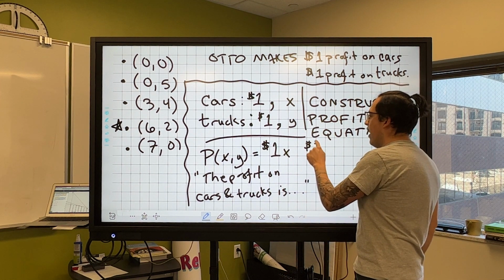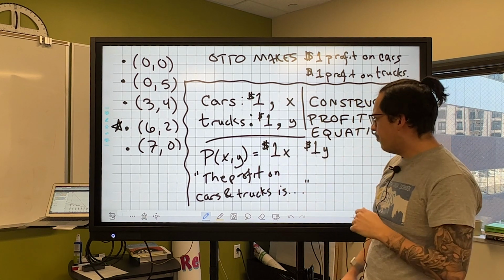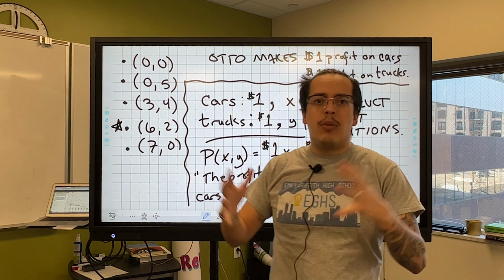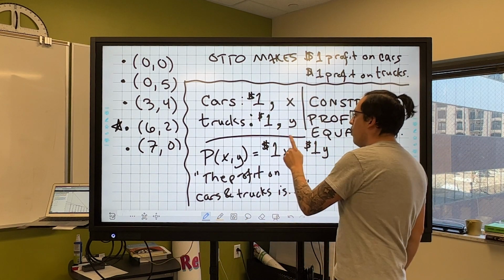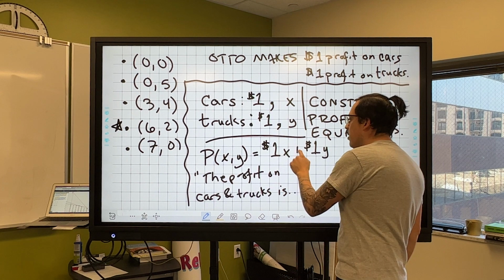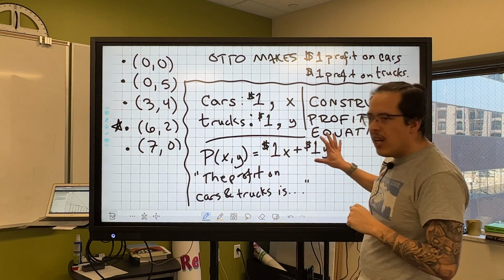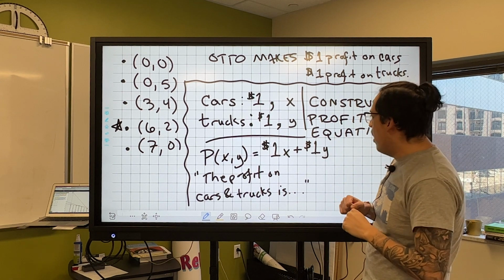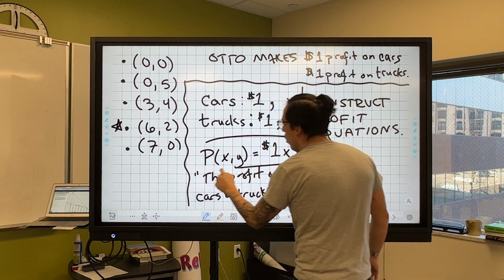And so we write that as $1 times Y for the same reasons. And the total amount of profit that Otto makes altogether is $1 for every one of his cars, plus $1 for every one of his trucks. And this, can you believe it? We are already done.